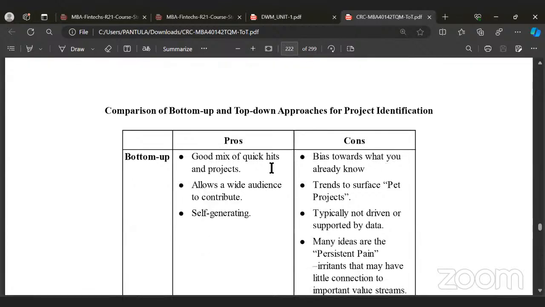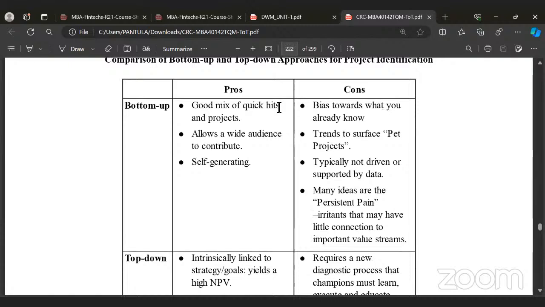So here, comparison between bottom-up and top-down. Bottom-up is a good mix of quick-hit projects and allows a wide audience. We are getting the ideas from the bottom level to the top. Cons: bias towards already known issues and trends, surface pet projects, and typically not driven or supported by data.